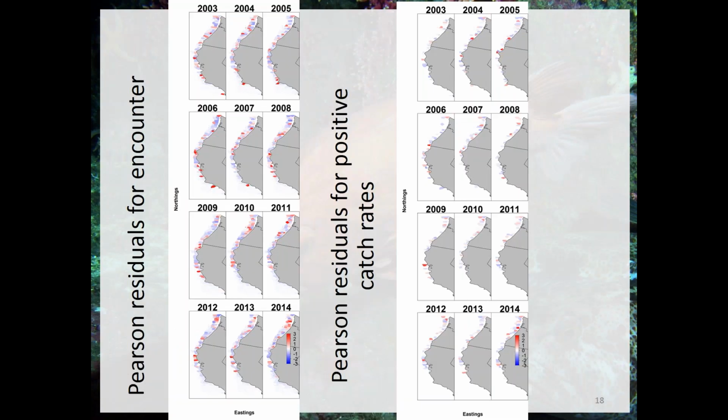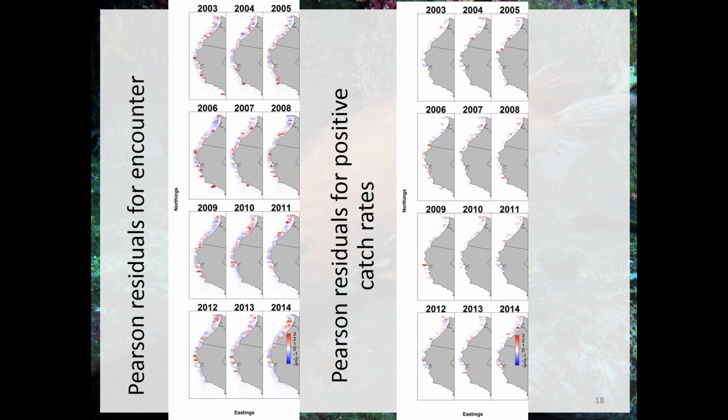And then you can also look at Pearson residuals. A Pearson residual essentially takes your error and standardizes it, transforming it to something like a z-score, so anything above 2 or below -2 is substantial.